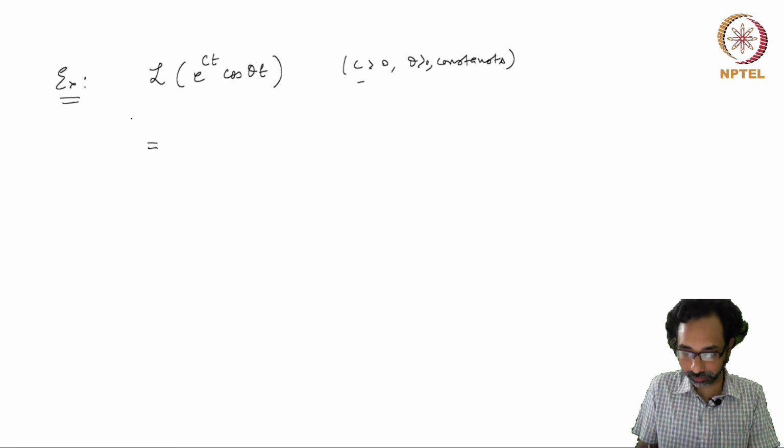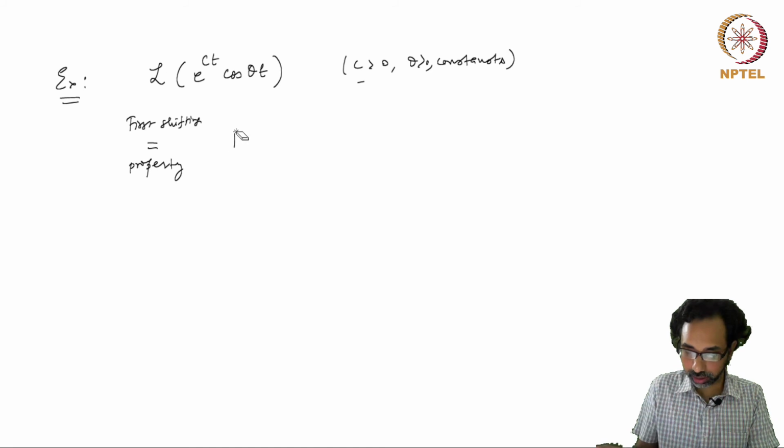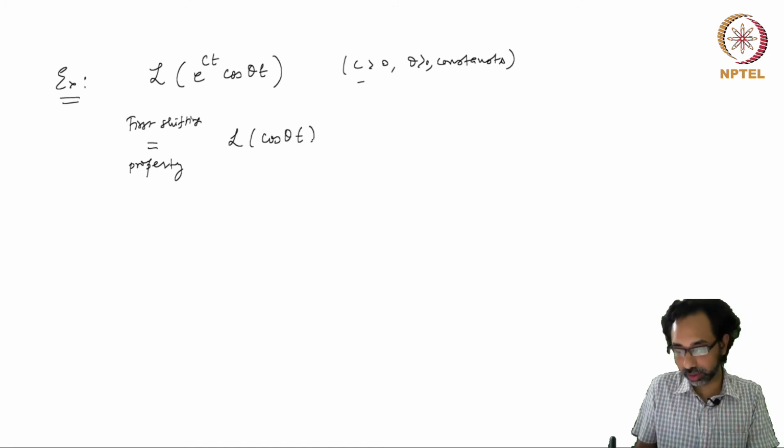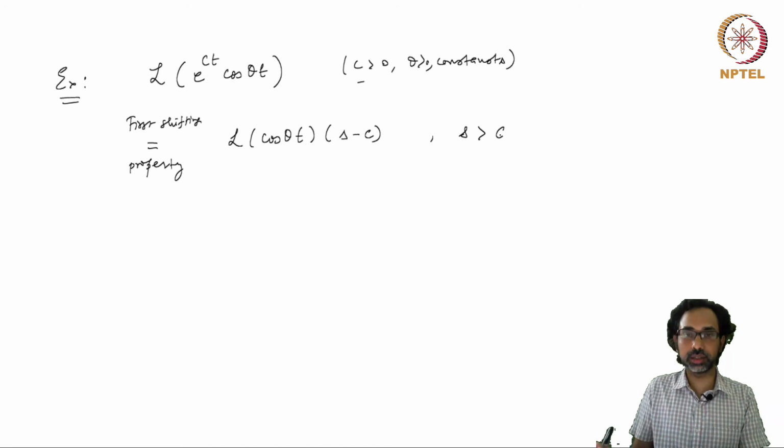So by the first shifting property, this is nothing but the Laplace transform of cos of theta t applied at the point s minus c, and this is defined for s greater than c.